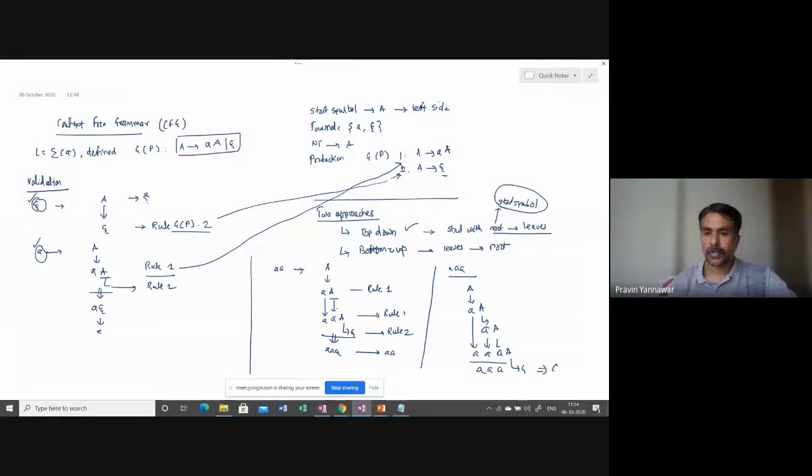So the output is AAA. Which means this particular grammar representation is an equivalent CFG for A star.